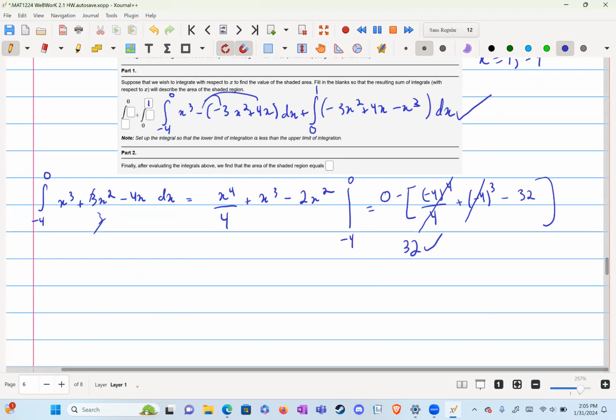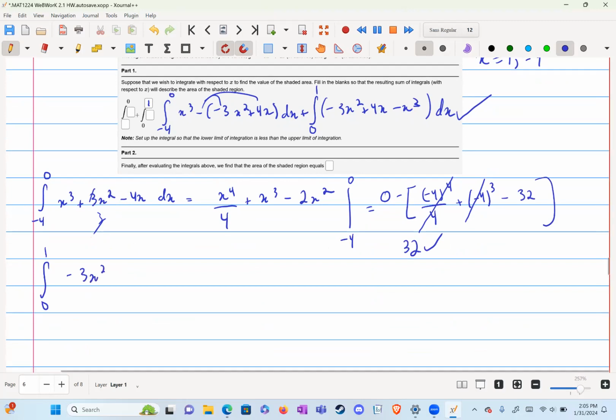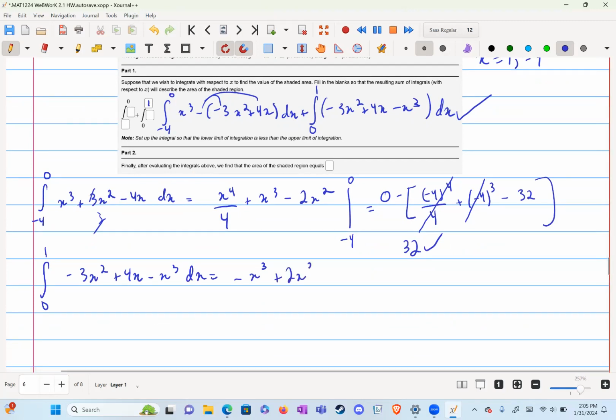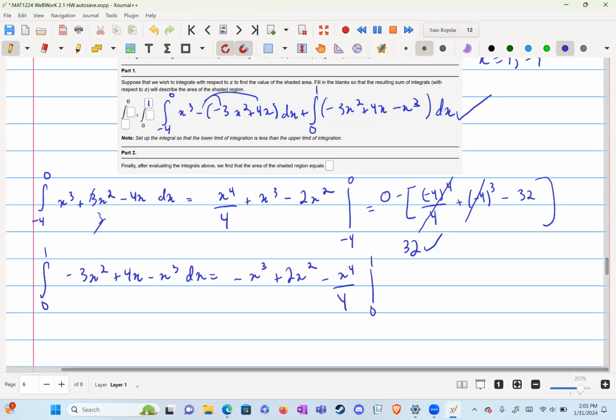Now we have our other integral from 0 to 1 of -3x squared plus 4x minus x cubed. Again, very simple integral using power rule. So similarly, -x cubed plus 2x squared minus x to the fourth over 4 from 0 to 1.